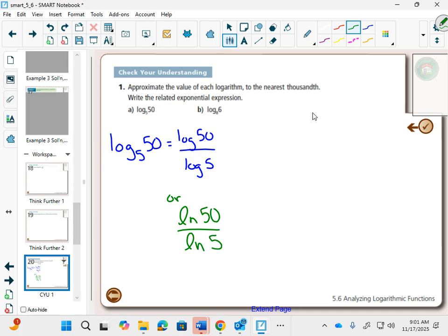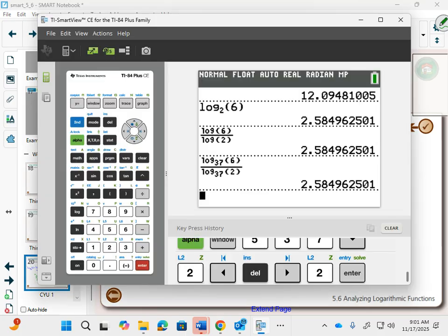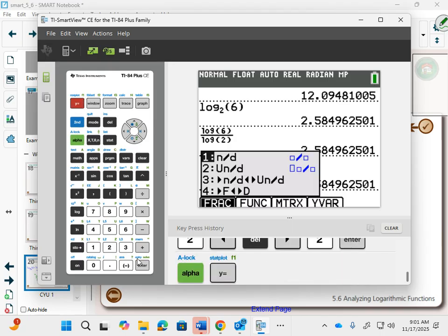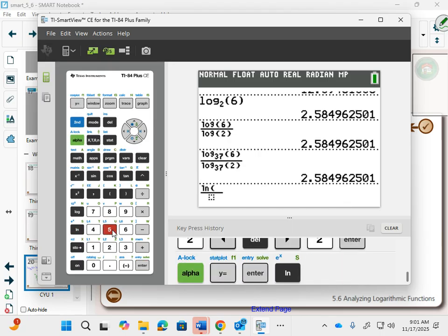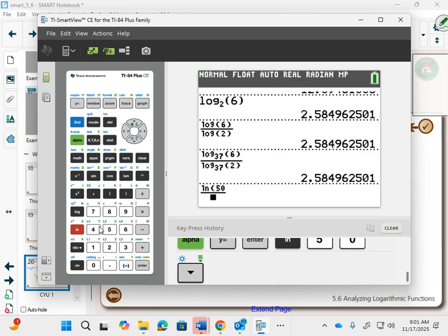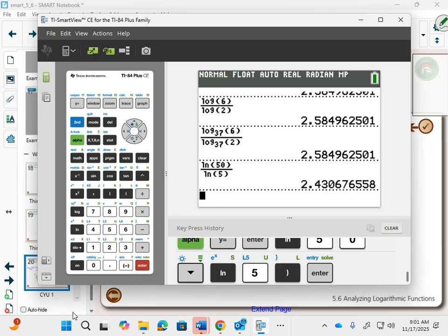And that would allow you to type it into your calculator. So I go to my calculator now, and 2.431.